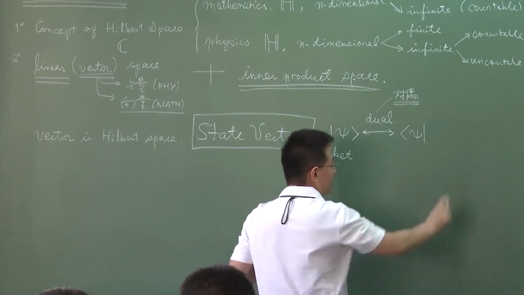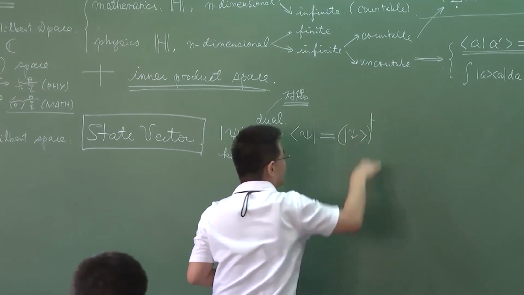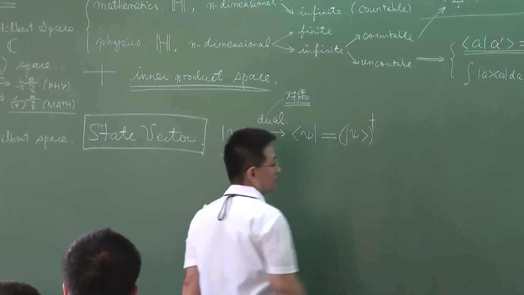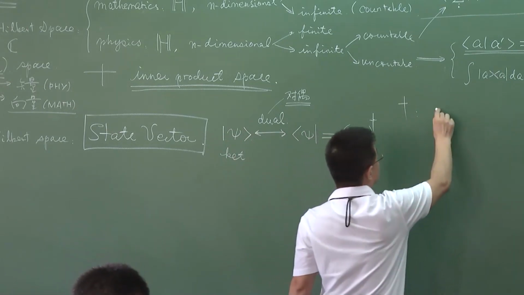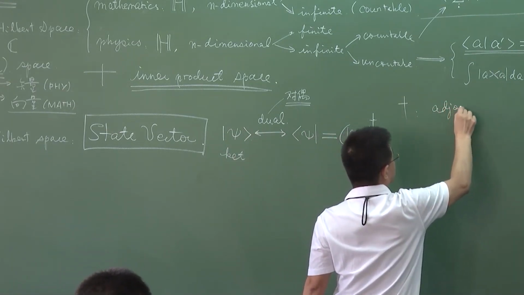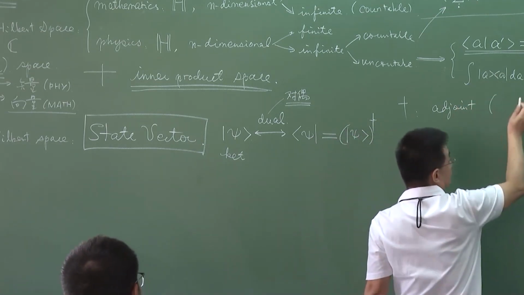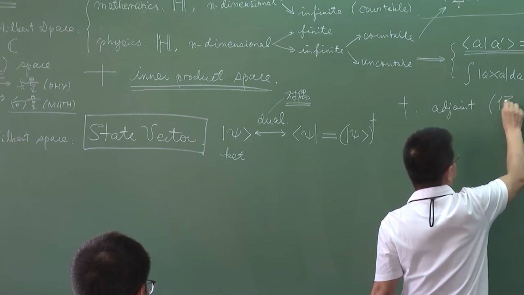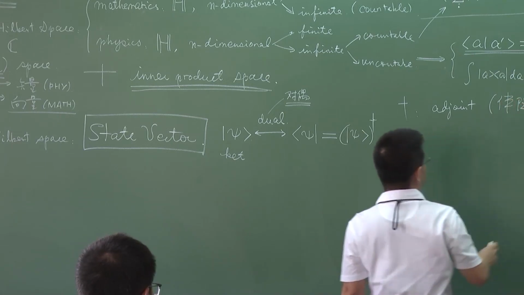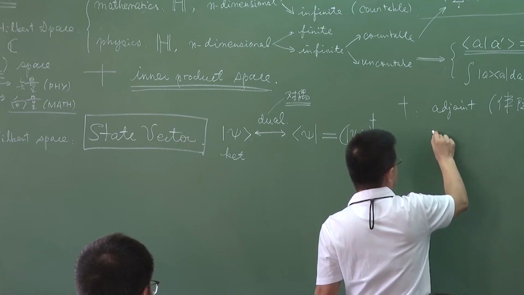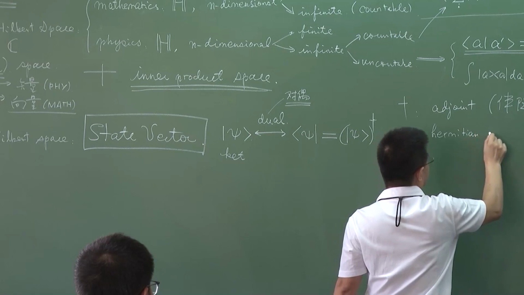And what does it mean? It means this. And this guy is called the adjoint. For the mathematics, it is called adjoint. And for physics, it is called the Hermitian conjugate.